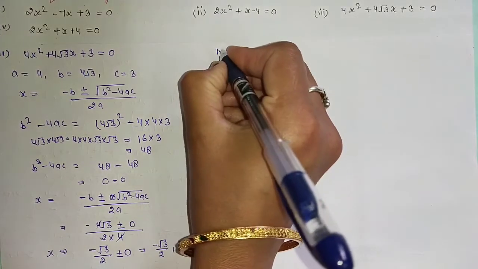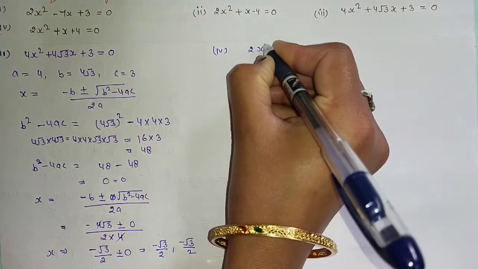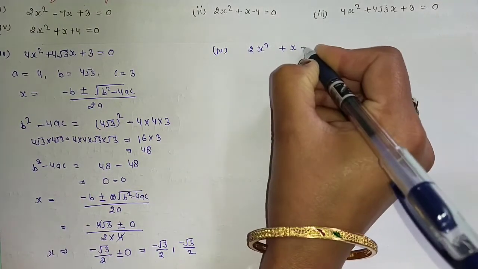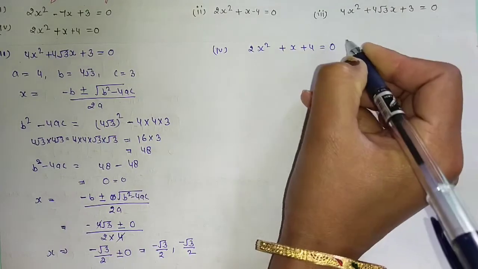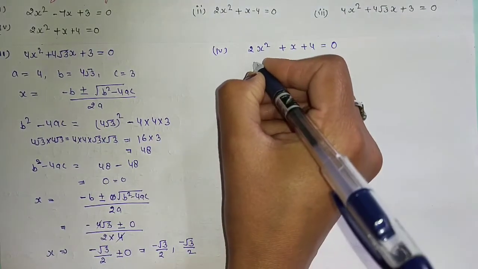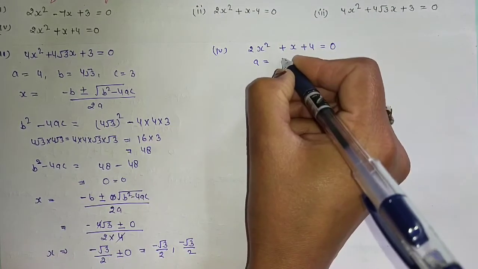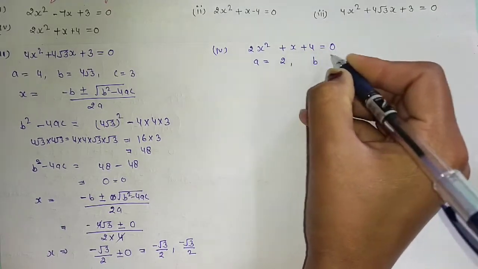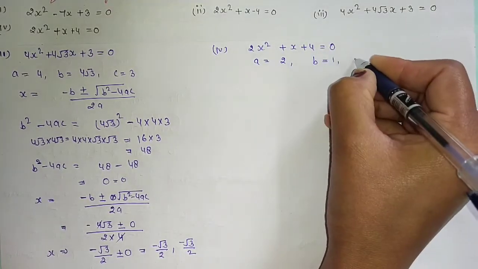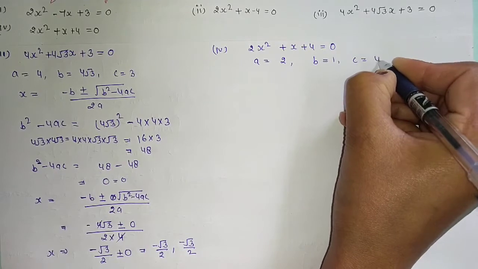The fourth part is 2x square plus x plus 4 equal to 0. Here a equal to coefficient of x square, that is 2, b equal to coefficient of x, that is 1, and c is constant term, that is 4.